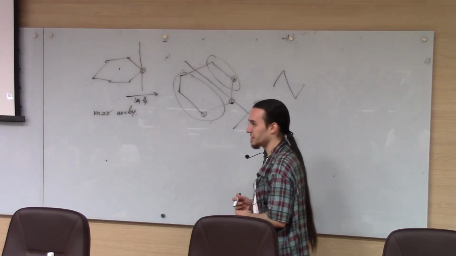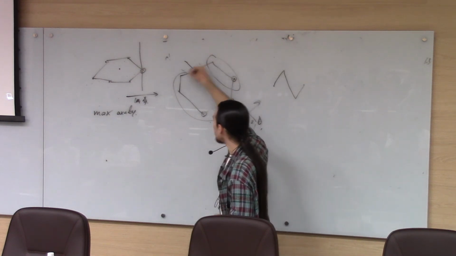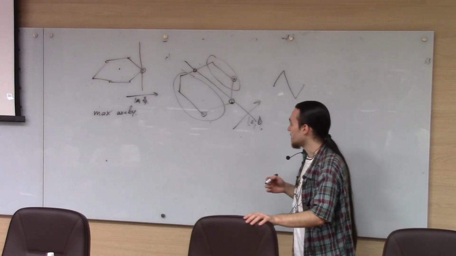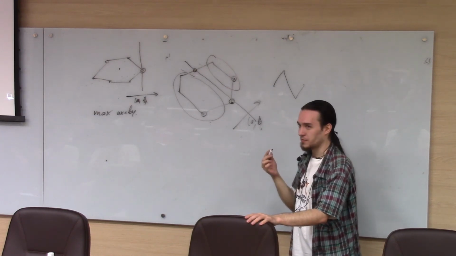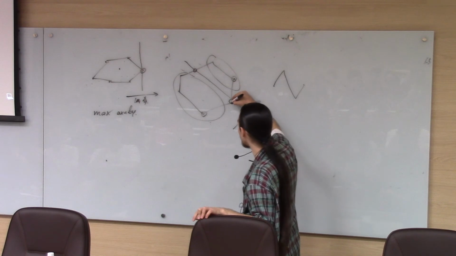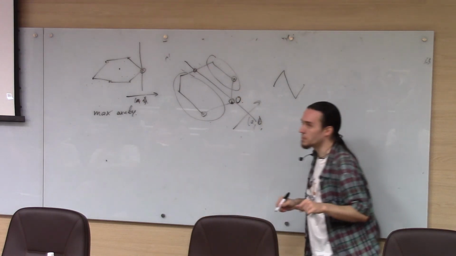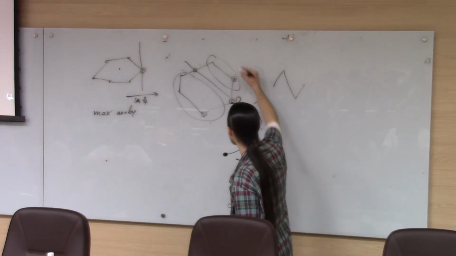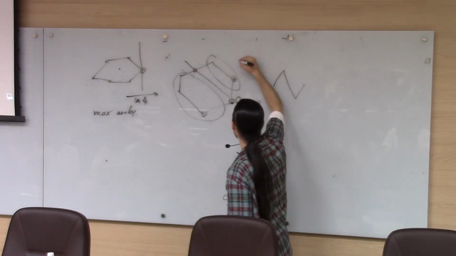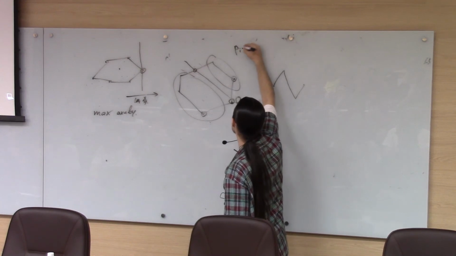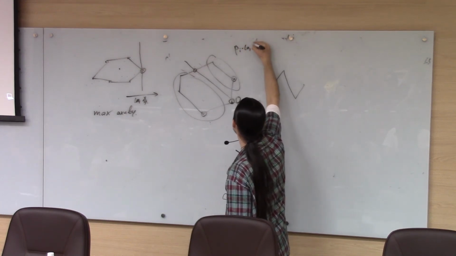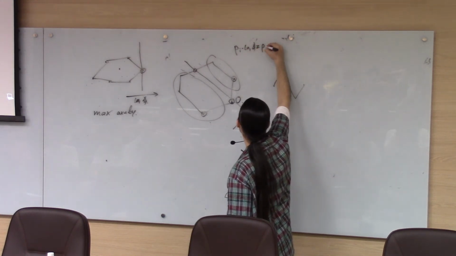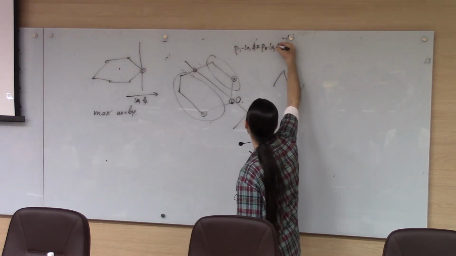To find this place where we do the split, here we can go with binary search. Okay, so if we assume that this point has index 0, and we look at the comparison: p_i dot vector AB is, I don't know, at least the dot product of p_0 and AB.